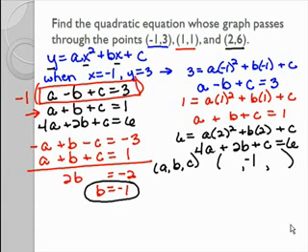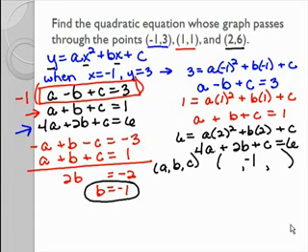Because this row echelon form isn't going to work, what we need to do is have an equation with a b and some other variable in it so that we can do a back substitution. I have not used the third equation yet, so it's going to be important to incorporate it.